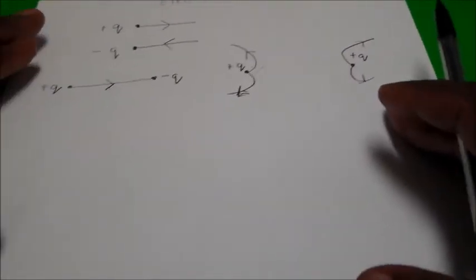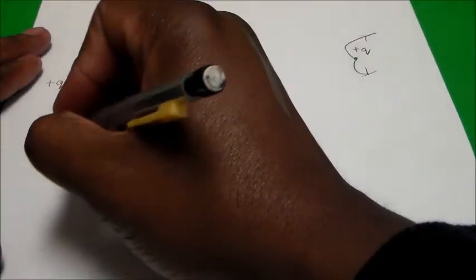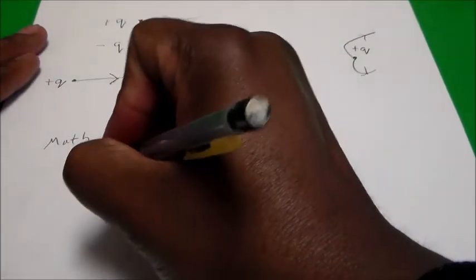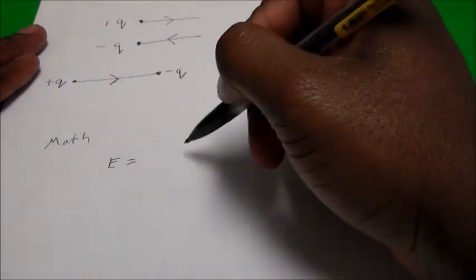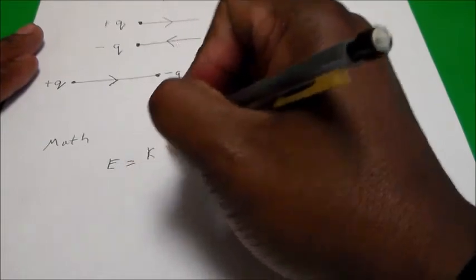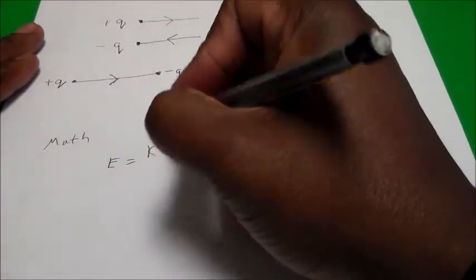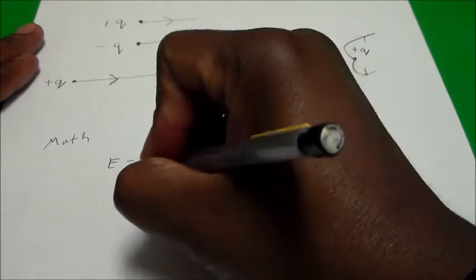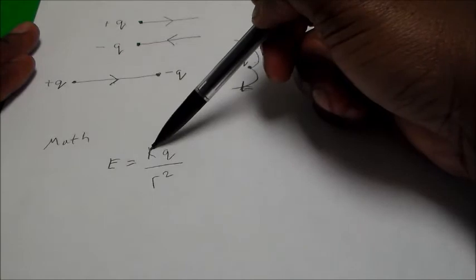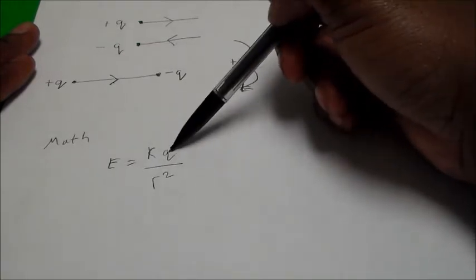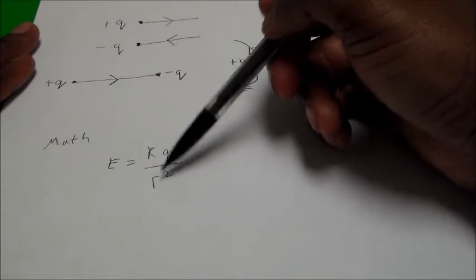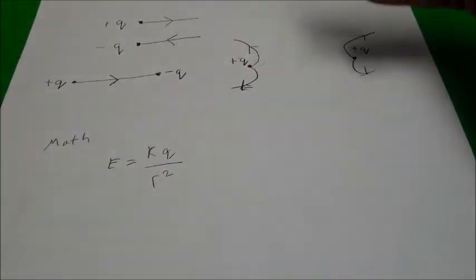Mathematically, we can represent the electric field using the equation E is equal to K Q divided by R squared, where K is Coulomb's constant, Q is the charge, and R is the distance between the charge and some given point of interest where we're trying to find the electric field.